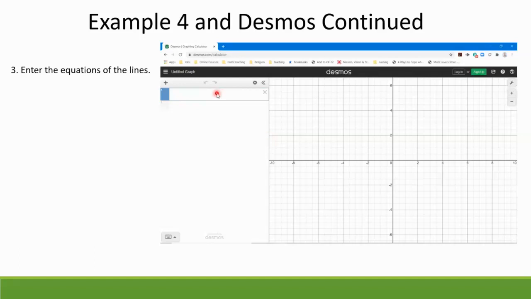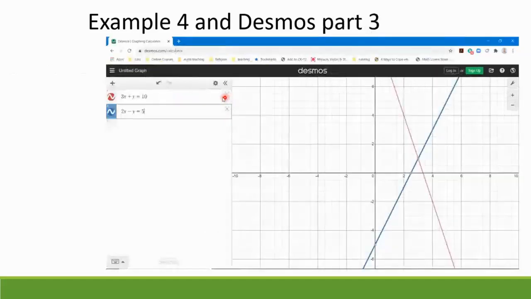And then what you do is you enter equations into these text spaces, I'll call them, that you want graphed.